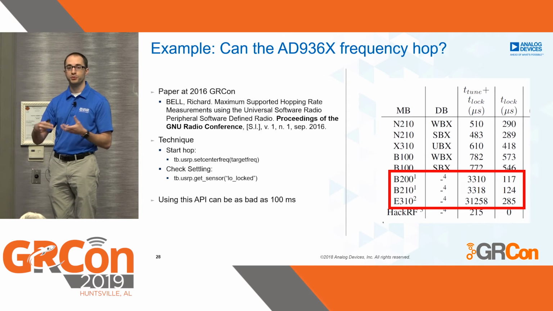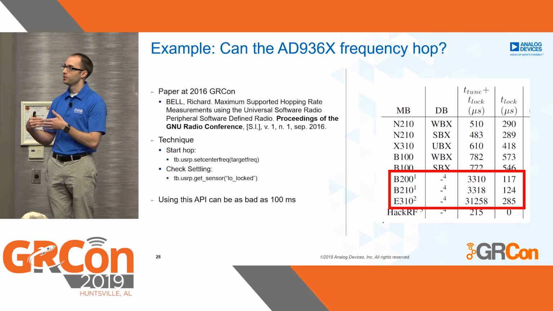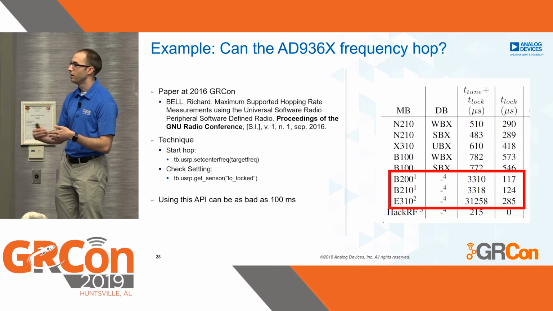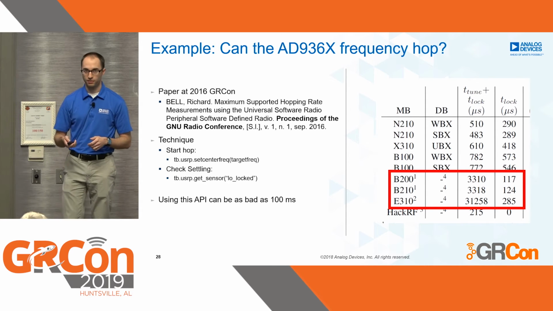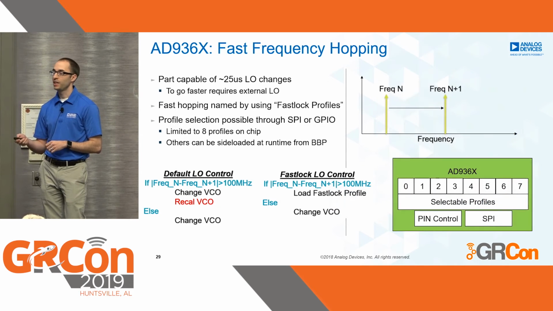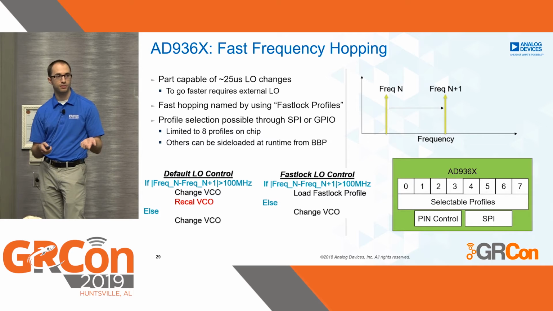And this was all done through software, so there would be a simple start hop, finish hop, check if the LO was locked, and then that time was measured. And this was on the order of milliseconds. Now, in reality, the part is actually capable of hopping at 25 microseconds, so much, much faster.